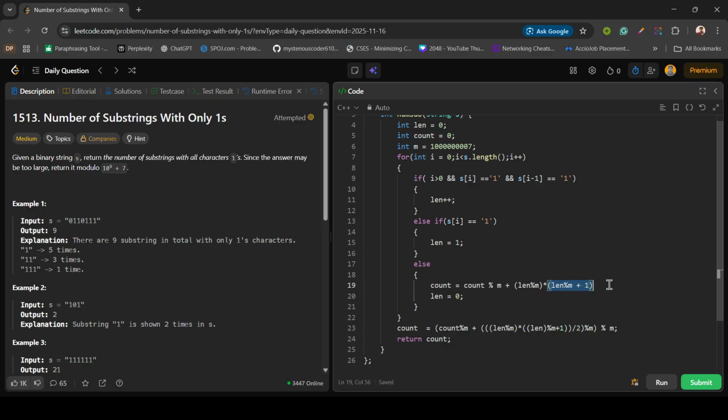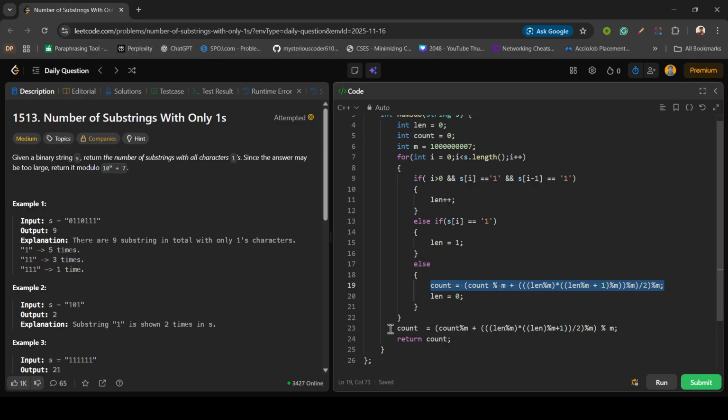Then we will divide this by 2, and we'll take again percentage m of the whole thing. Now I think it should work.